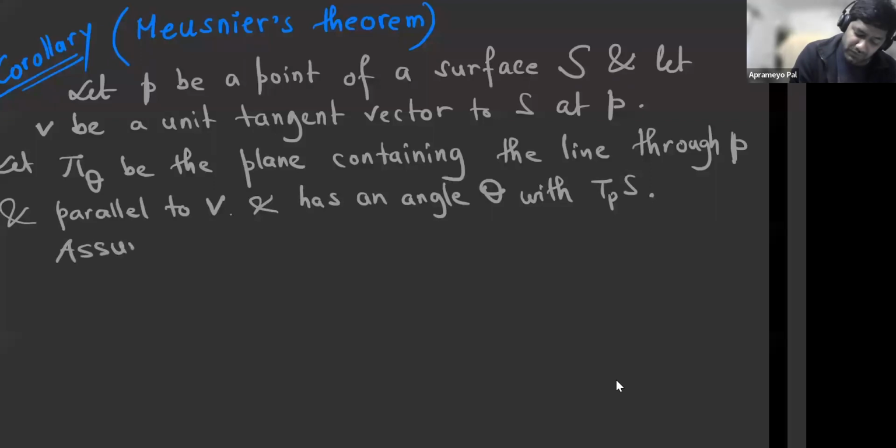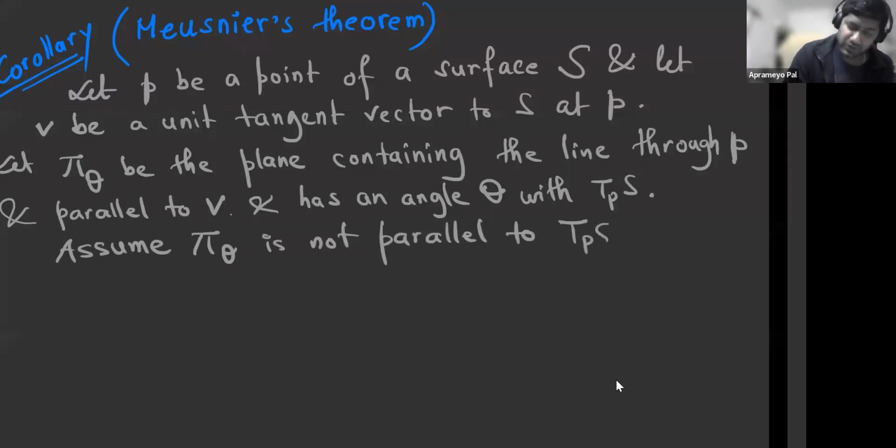So now assume pi theta is not parallel to TPS. So theta is not 0 in some sense.